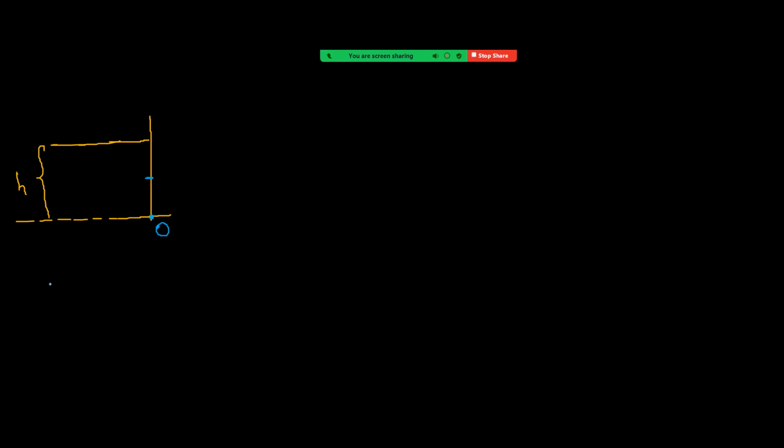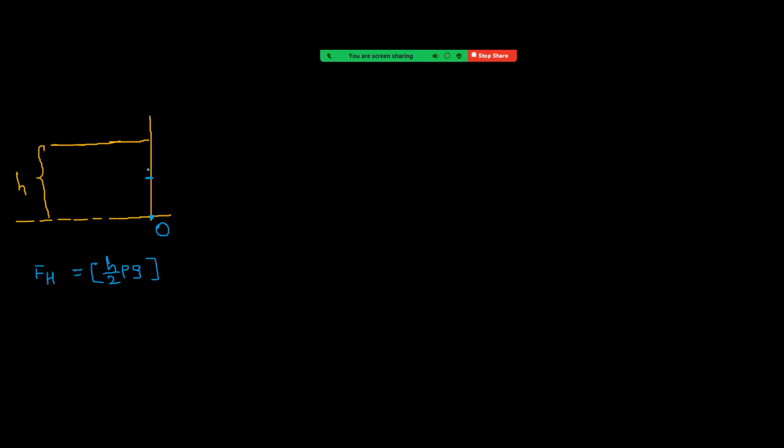I'm taking directly that result which we have learned in earlier problems. Horizontal force is equal to h by 2 rho g. That is pressure. H by 2 rho g into corresponding area.